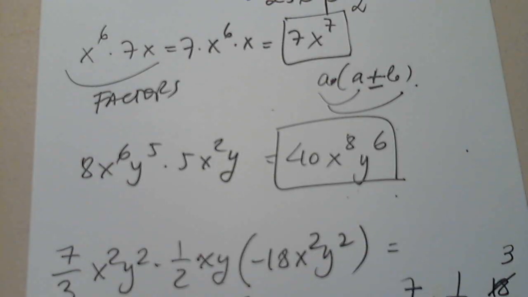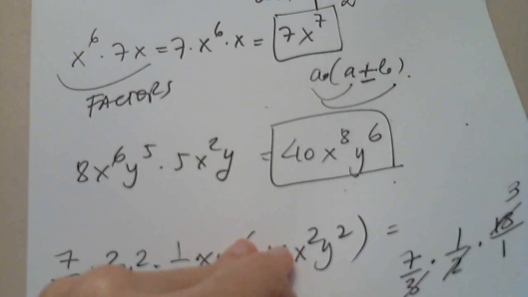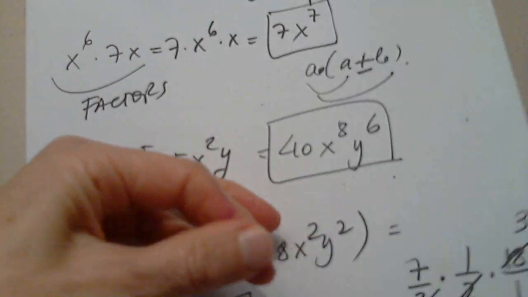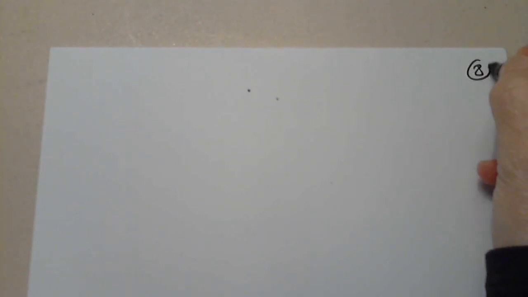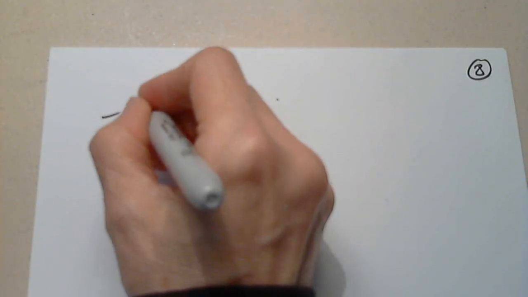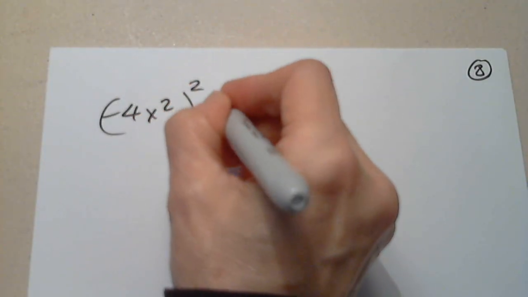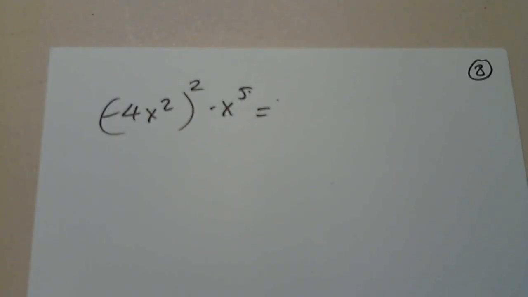So here, let's work on this problem. Okay, I'm on page 8. Good. So negative 4x squared, everything squared, times x to the 5th. Again, they are all factors. Careful.